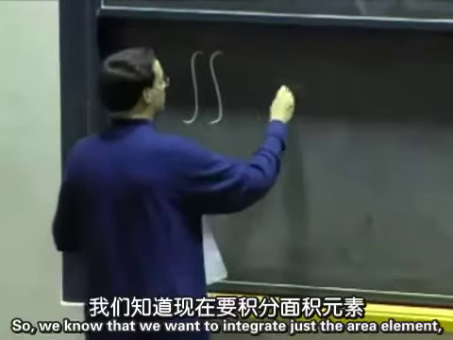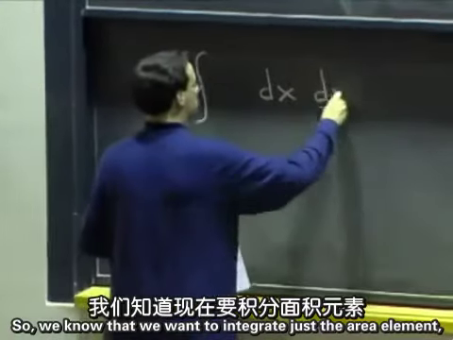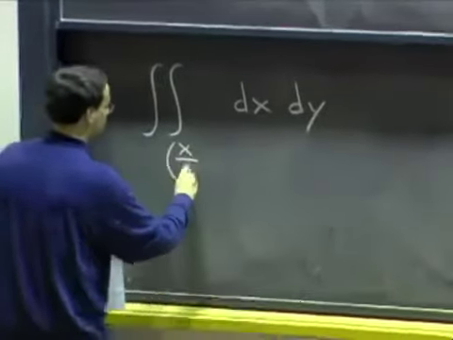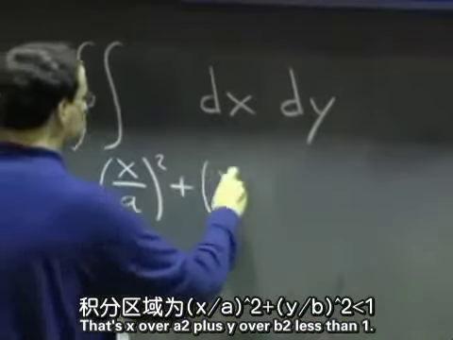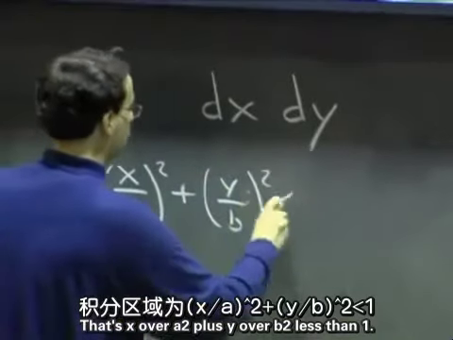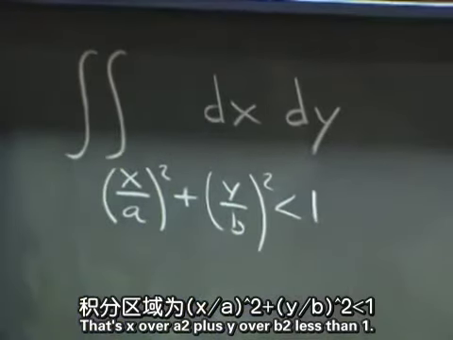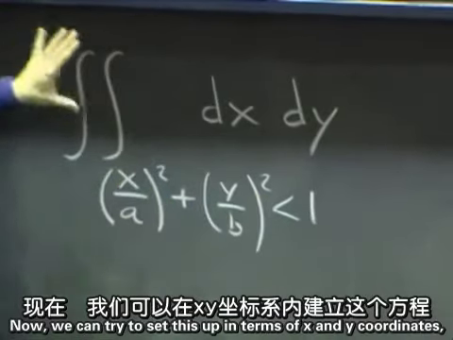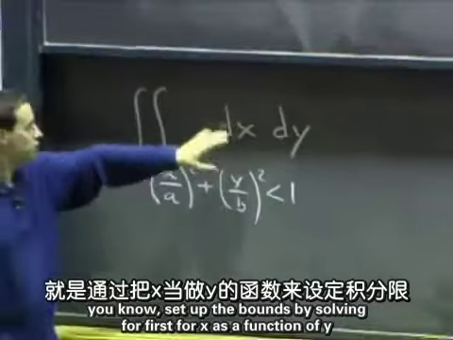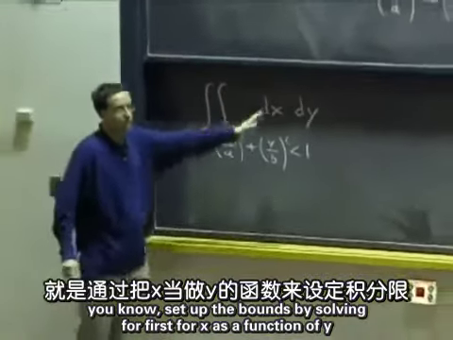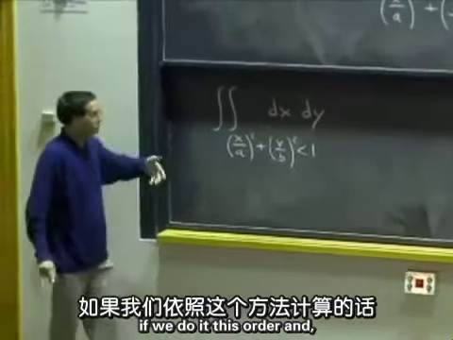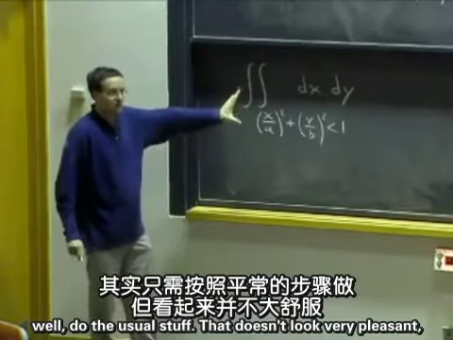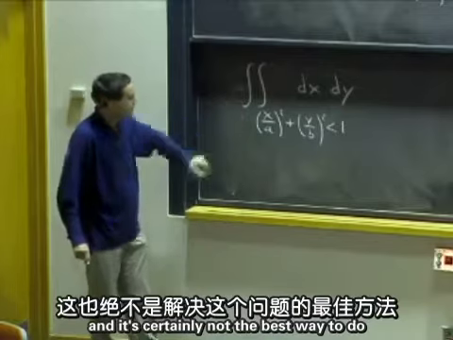So we want to integrate just the area element, dx dy, over the region inside the ellipse, that's (x/A)^2 + (y/B)^2 less than 1. Now, we can try to set this up in terms of x and y coordinates, set up the bounds by solving first for x as a function of y, and do the usual stuff. That doesn't look very pleasant, and it's certainly not the best way to do it.